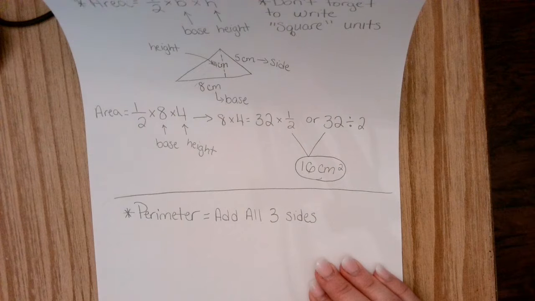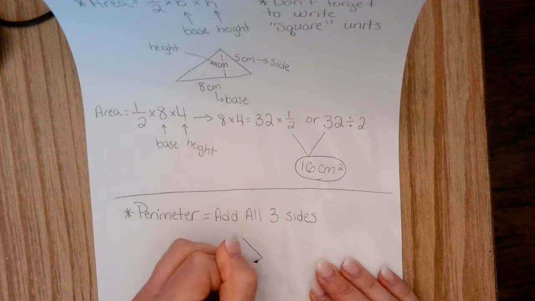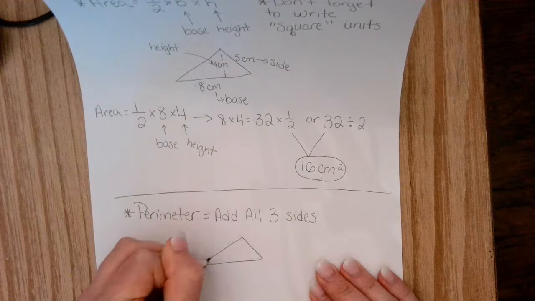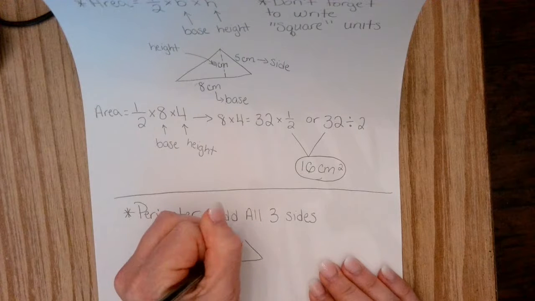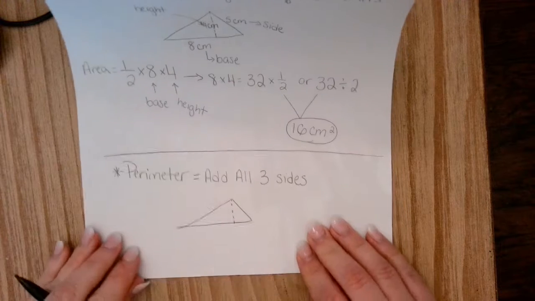And if y'all would just bear with me just for a second while I get organized here. So let's use this triangle instead. And this information will be given to you.